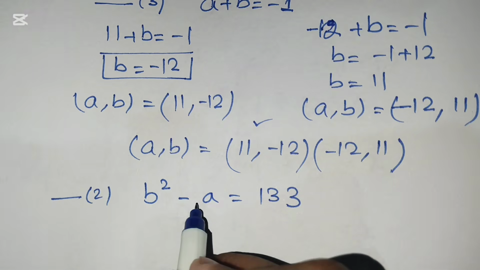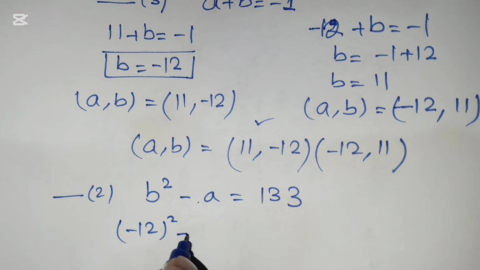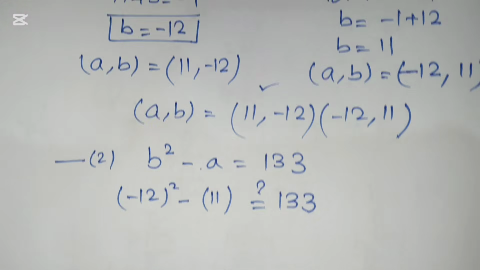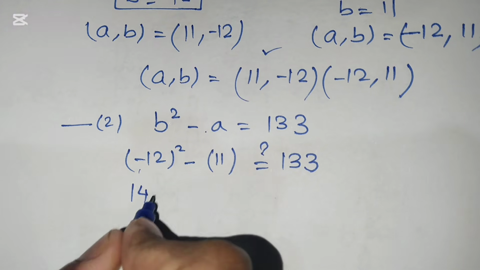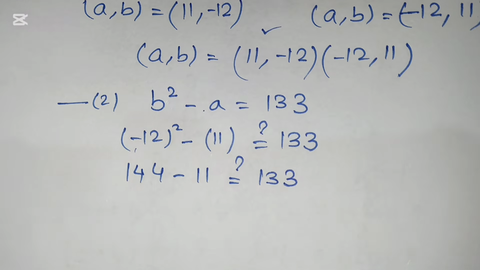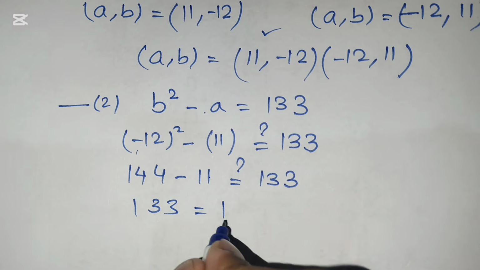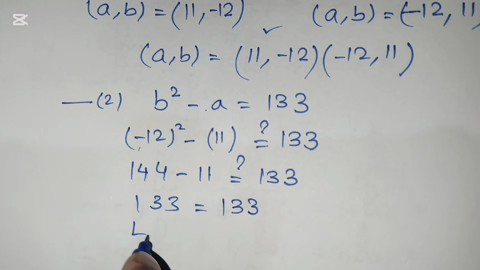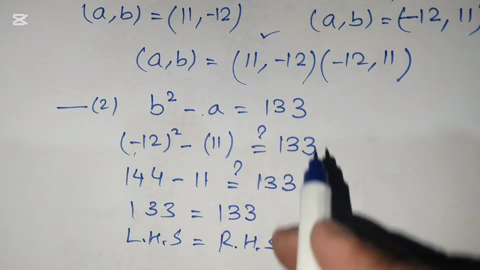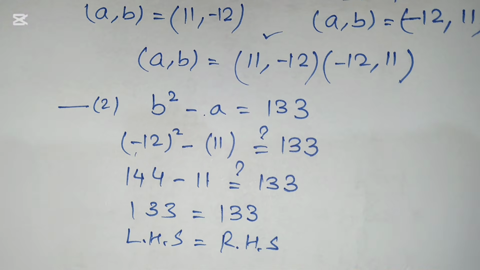We will put a here and b here. (−12)² − 11 = 133. (−12)² is 144, minus 11, is 133. So 133 is equal to 133, meaning the left-hand side is equal to the right-hand side, and our value of (a, b) is correct. You can do the same verification for the other values of a and b.